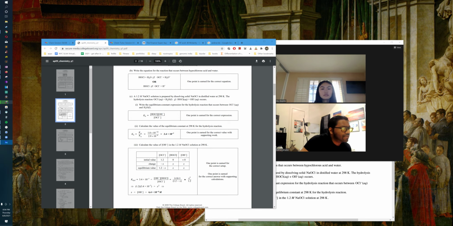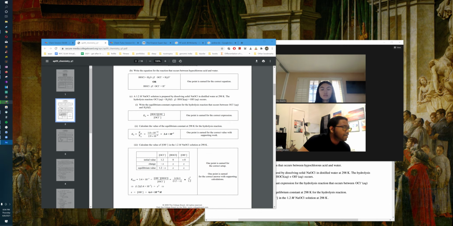Okay, so I guess this equilibrium stuff isn't really like equilibrium. It's Kb, a different type of equilibrium. I should have remembered that for acids and bases. So the equilibrium constant for the hydrolysis reaction would be this. Oh, I forgot about this part, which is OCl minus.